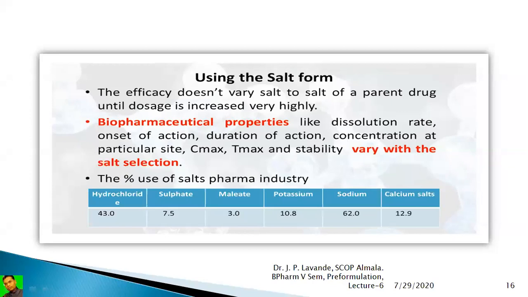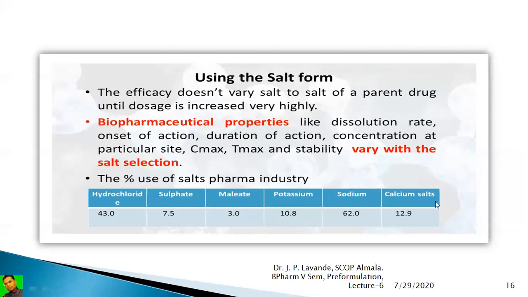If we want to see the percentage use of salts in the pharma industry, we can have a look at these different types of salts. These are very commonly used in the industry. The drug is available in hydrochloride form, sulfate form, maleate form, potassium form, sodium form, and calcium salt form.